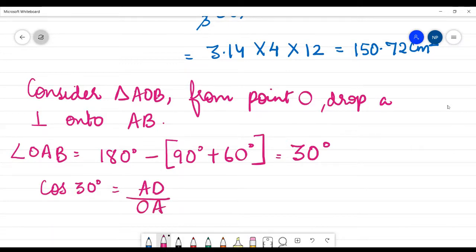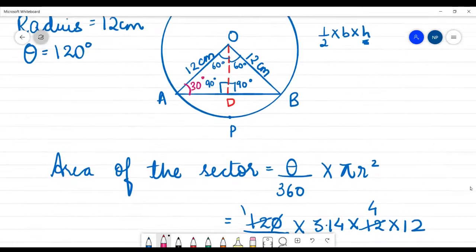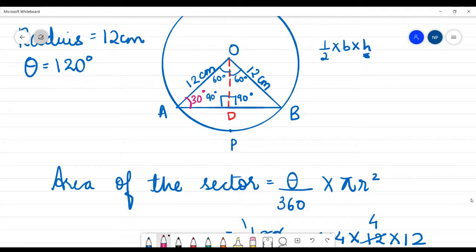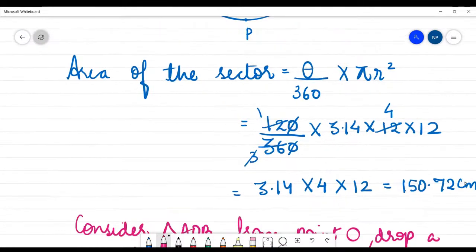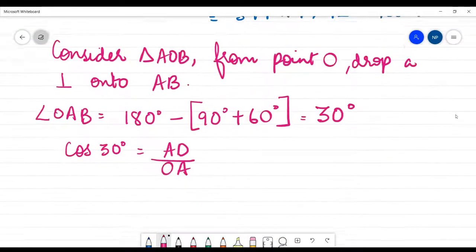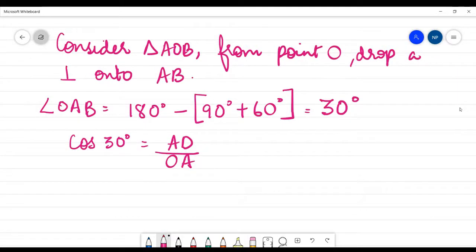If you see in the diagram here, this is AD and this is OA. That means base upon hypotenuse we are taking. Cos 30 is how much? Base upon hypotenuse, right? Why is it needed? Because we do not know the length of any of these things.